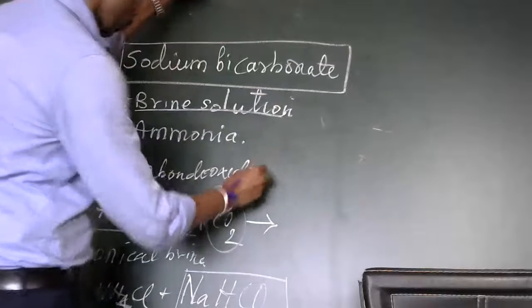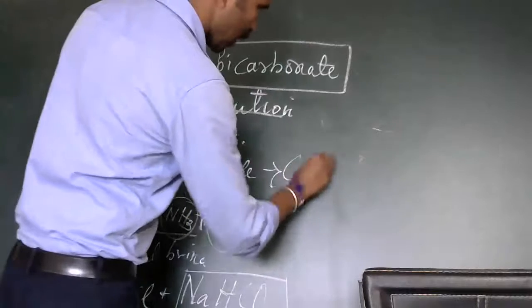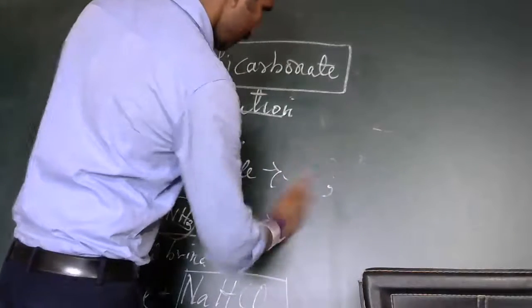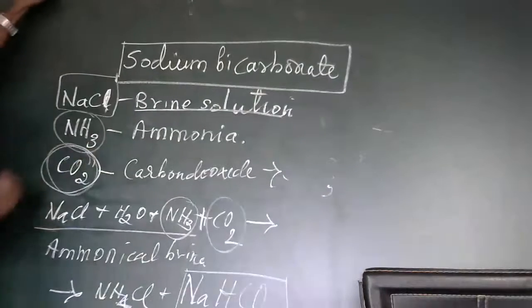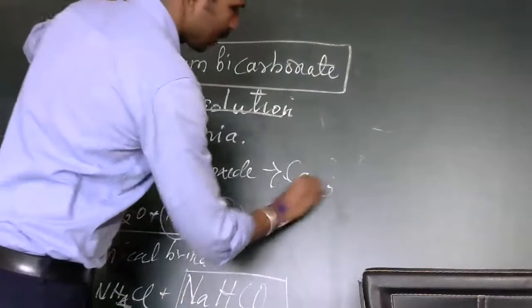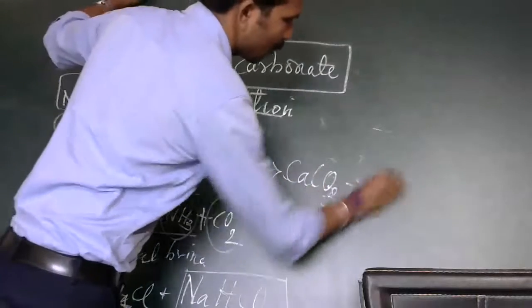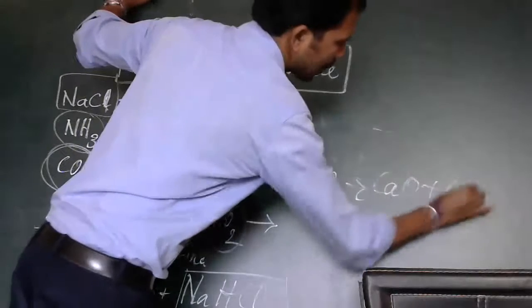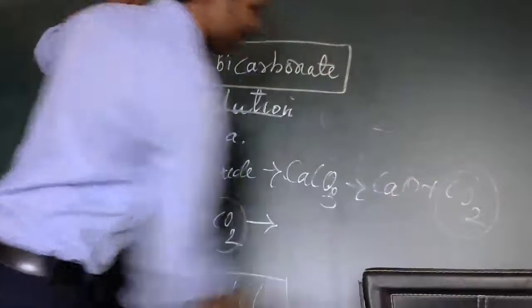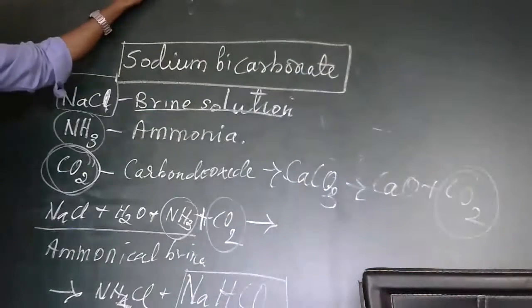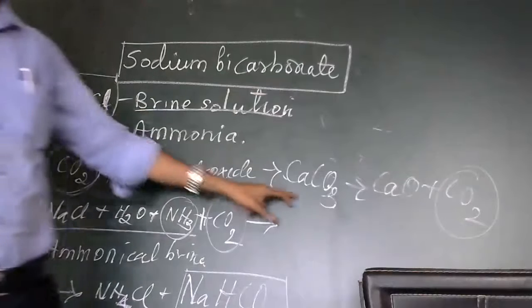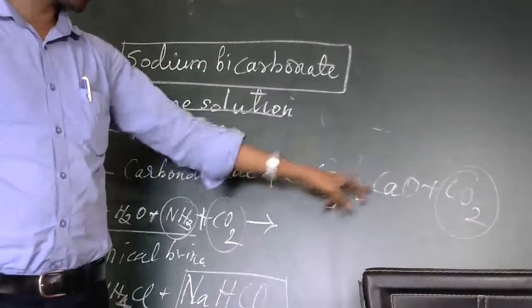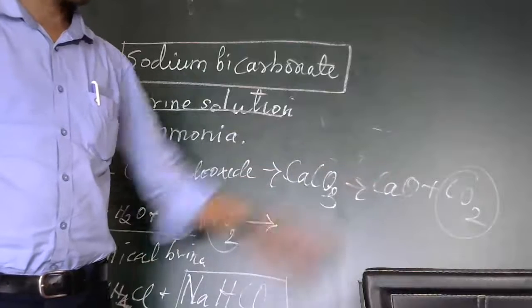One example I will show you, like calcium carbonate. This carbon dioxide is produced by heating calcium carbonate, and you get calcium oxide plus carbon dioxide. This reaction you already know.